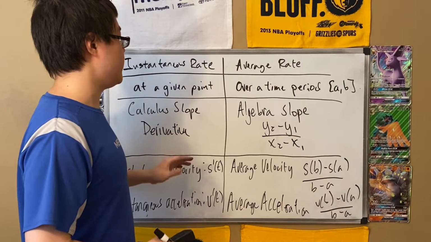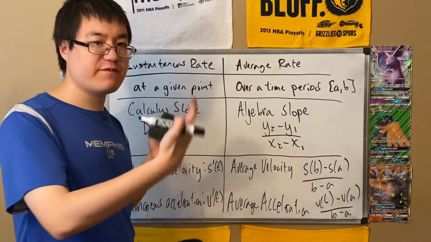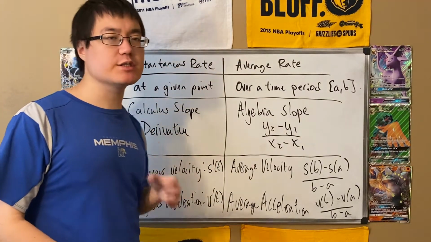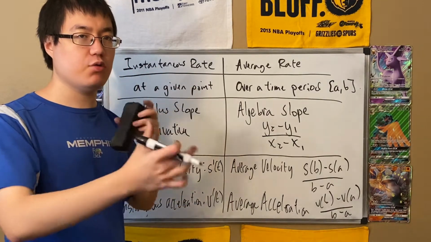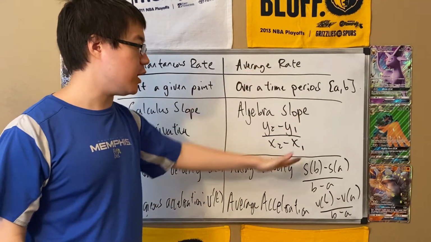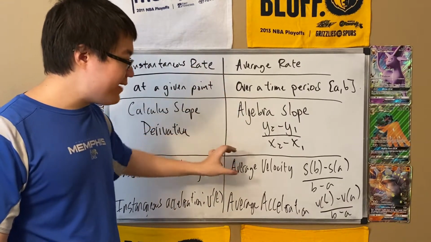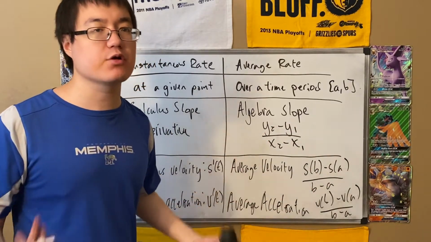When you're dealing with instantaneous rate, that will be at a given point, it will be calculus slope. So for example, SVA, where you're taking derivatives as you go. Average rate of change is a little bit easier. It's over a time period, so that's why you have y2, y1, x2, x1. So you're able to form average slope, algebra slope, and then average velocity is an algebra slope, average acceleration is an algebra slope of the correct function.